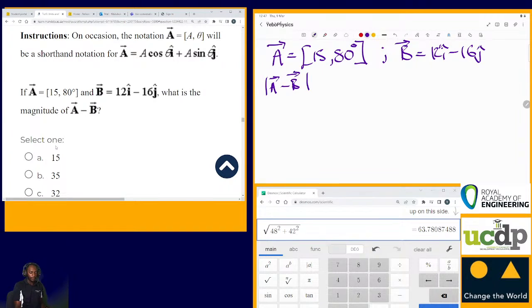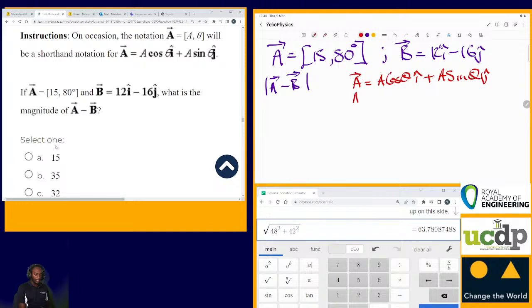So what do we have to do? We first have to express these vectors in the same notation, right? So we're going to express vector A in the notation given there. So we are told that A is the same as A cos theta in the i plus A sine theta in the j.